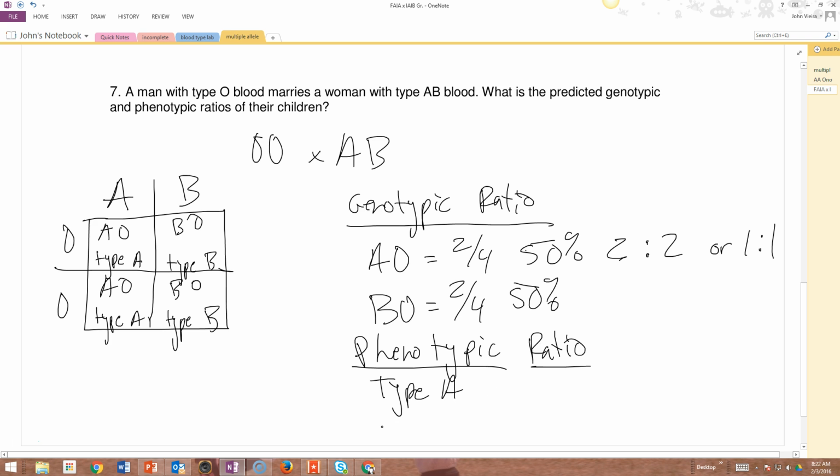Type A, same thing, 2 out of 4, 50%. And then type B, same thing. You're going to have a 2 to 2 ratio, or that can be reduced to 1 to 1.